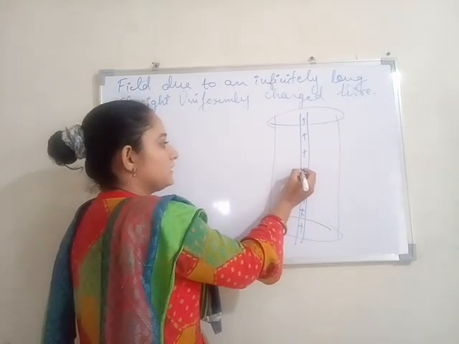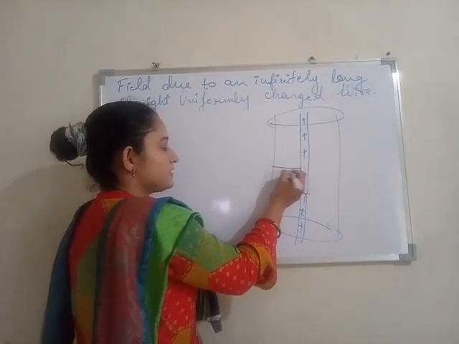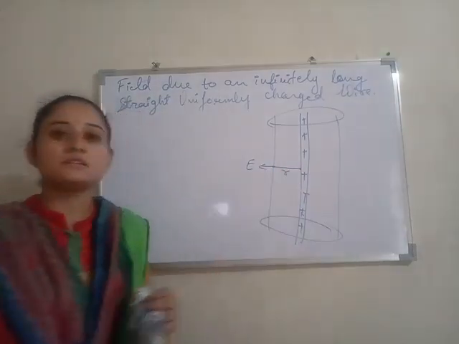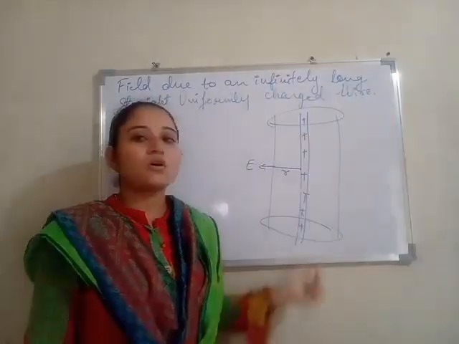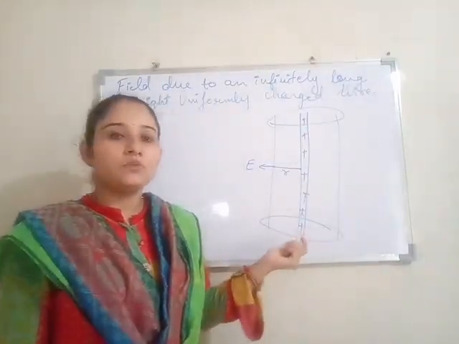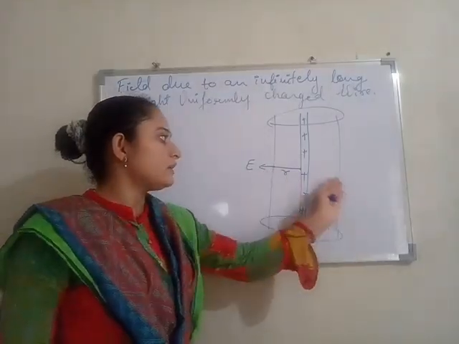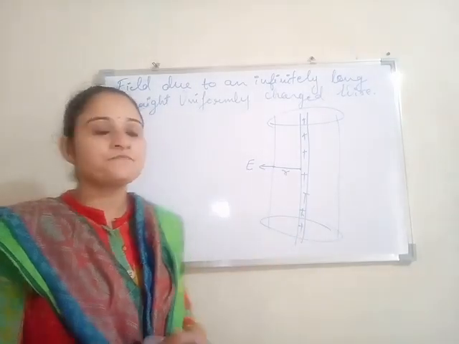We will take the normal to it at distance r, and this is your E, that is field at a distance r normal to the wire, and we know that irrespective of any point at radius r, the electric field is radial.